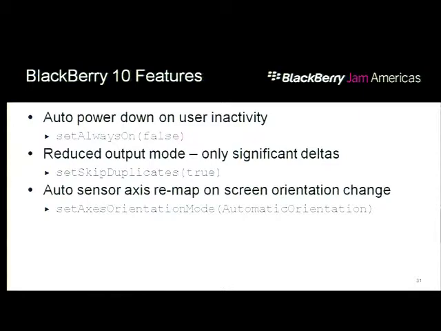You can also set the axis orientation mode to automatic orientation. Super, super useful for a device that can be worked with in multiple orientations. So even if the device rotates, automatic orientation also rotates the axes so that your values don't go crazy once the device is in a different orientation.